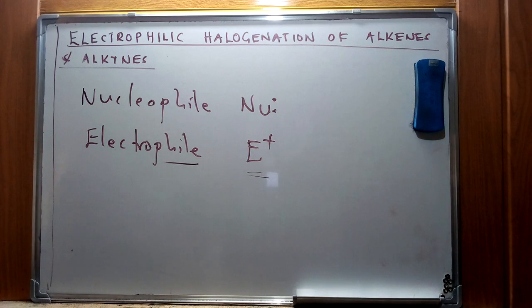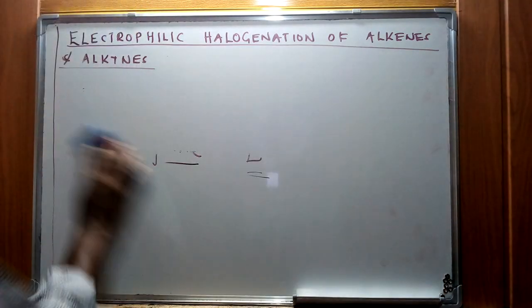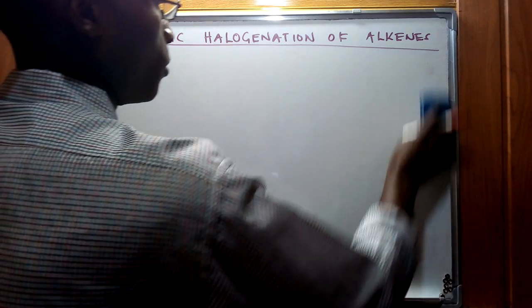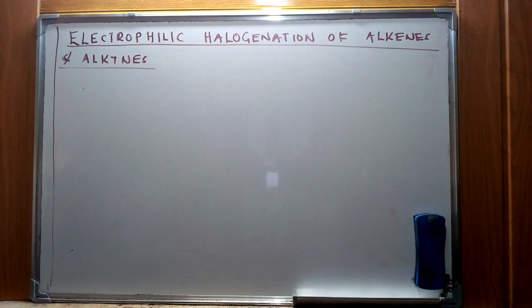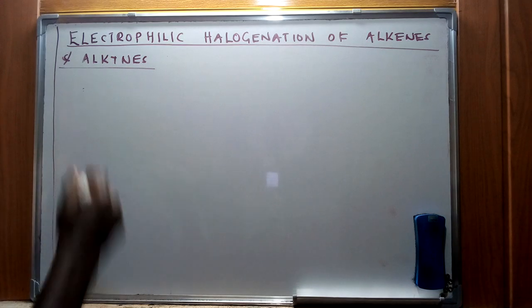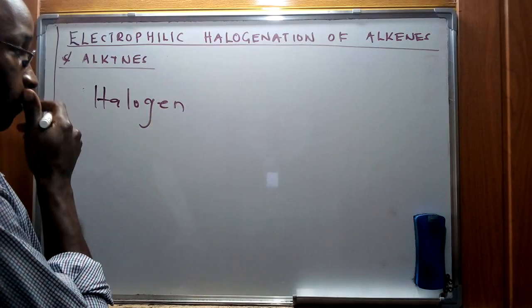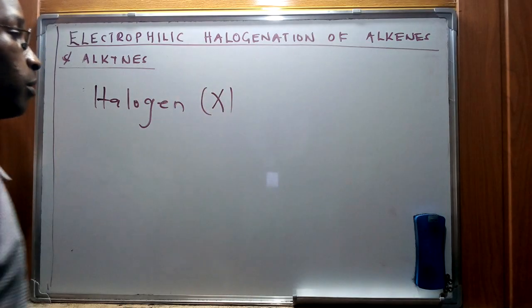Going forward, we are going to look at what electrophilic halogenation entails, and we're just going to do that using an example. I've said that halogenation falls under the category of organic reactions. In this type of reaction, the halogens, we've talked about the periodic table and the concept of halogens, so we're going to use this particular symbol implying halogens.